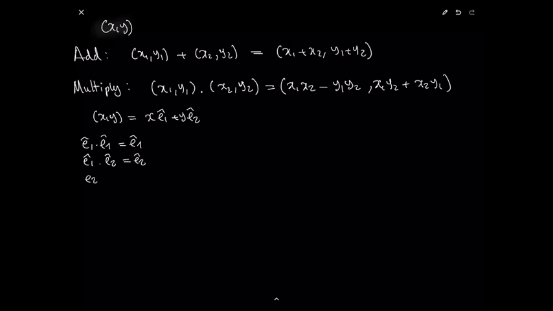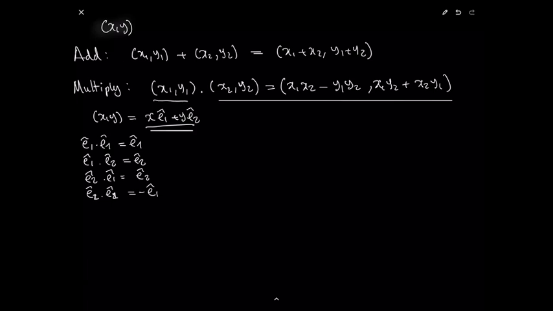If I multiply an E2 with an E1, I get an E2, and if I multiply an E2 with an E2, I get a minus E1. Okay? We'll see that if you plug those E's into the expression that I have up here, and I follow through and do this multiplication, I'll get exactly the right answer.